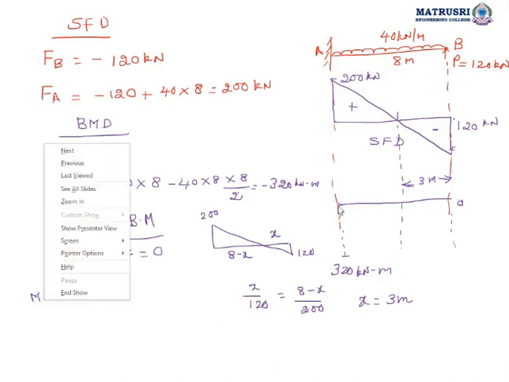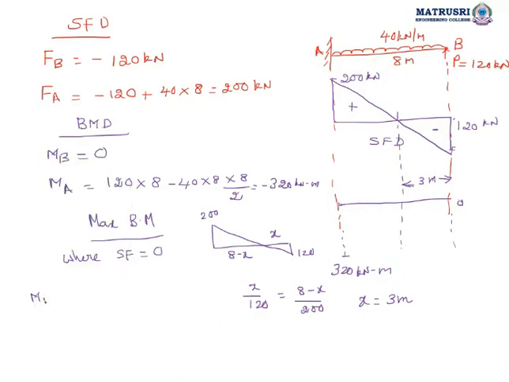M max is equal to P into 3, that is 120 into 3, anti-clockwise positive. Then 40 into 3 by 2, clockwise, minus. That value you are going to get is 180.